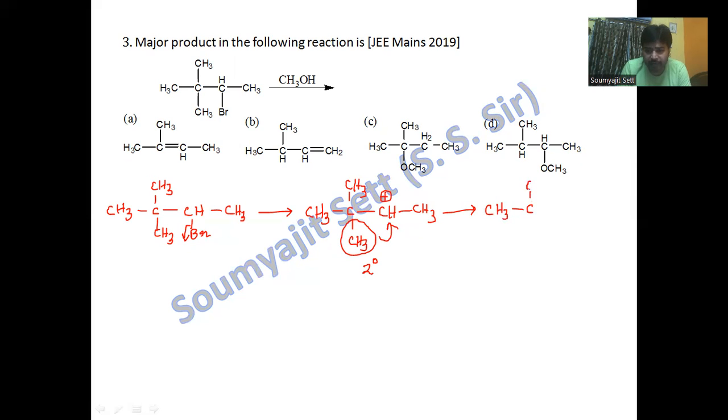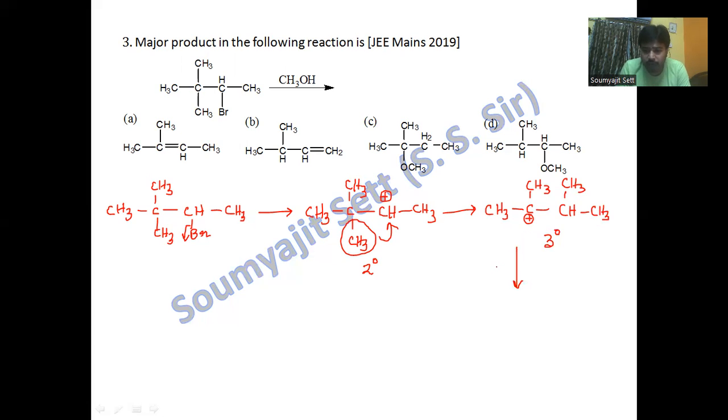We will get this carbocation, and this is a 3-degree carbocation. And as we know, a 3-degree carbocation is more stable than a 2-degree. So this is the stable carbocation.